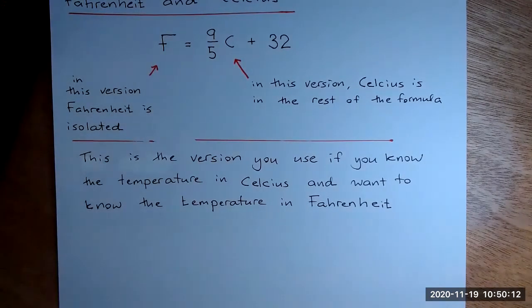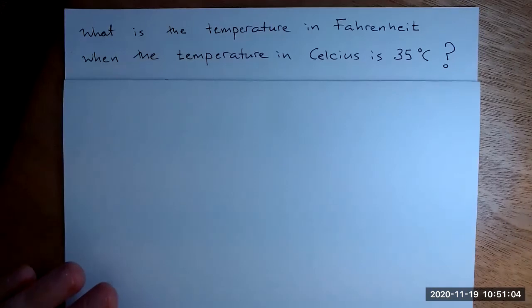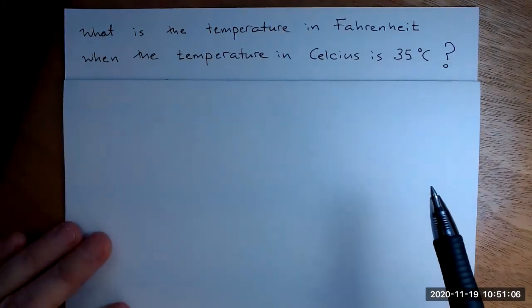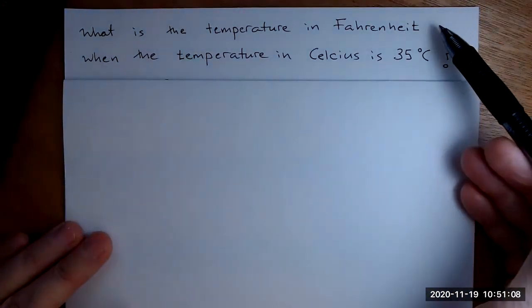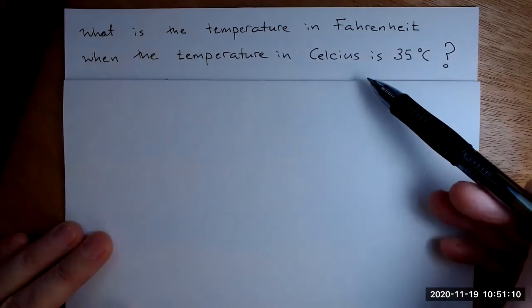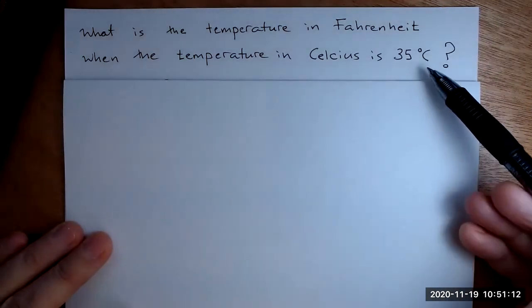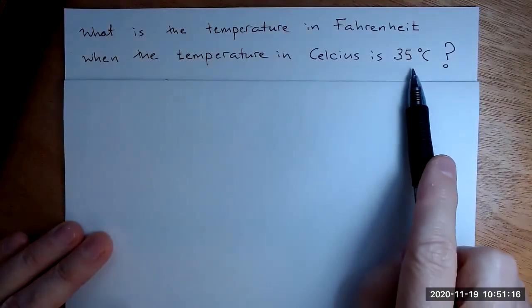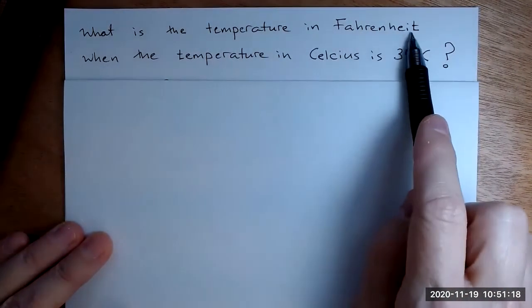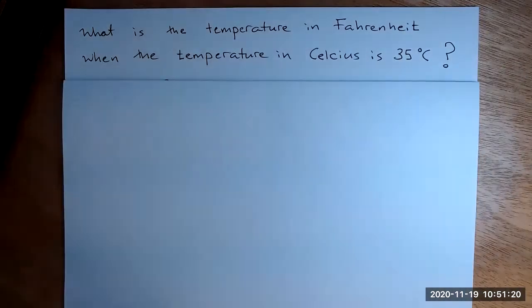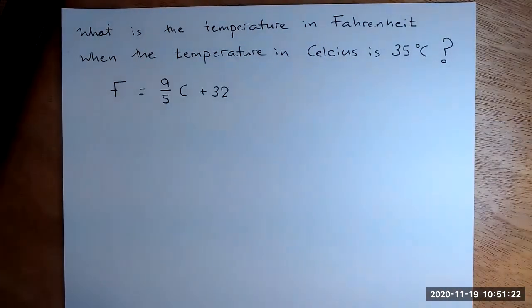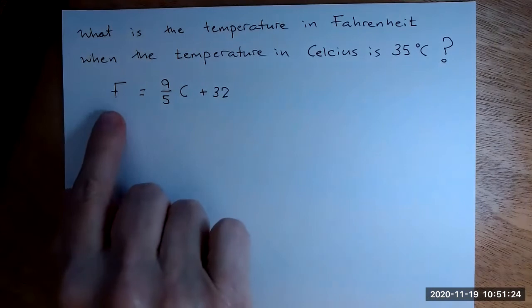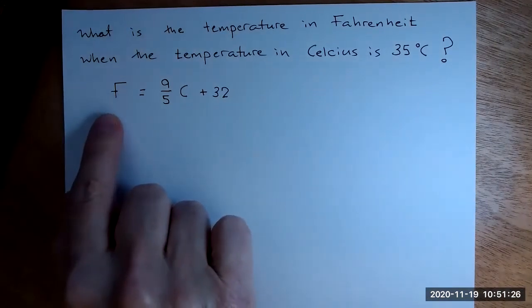Let's do an example. What is the temperature in Fahrenheit when the temperature in Celsius is 35? So we know Celsius. We want to know Fahrenheit. So we'll use this version that is solved for the thing we're looking for, which is Fahrenheit.